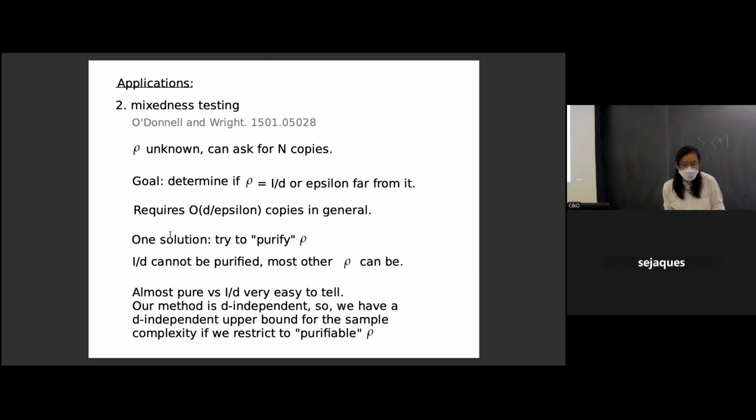What we show here is that if rho is of the form that we wrote down, but we don't really know the noise parameter, then one solution to play this game is to try to purify the noisy state. If it is I over d, you never get any purification. There's no signal in I over d.